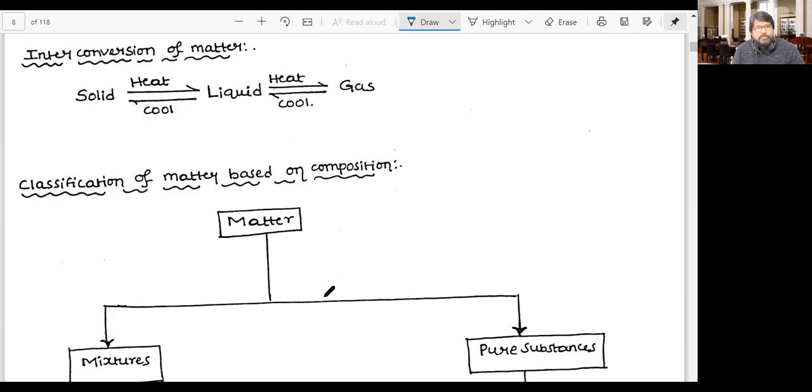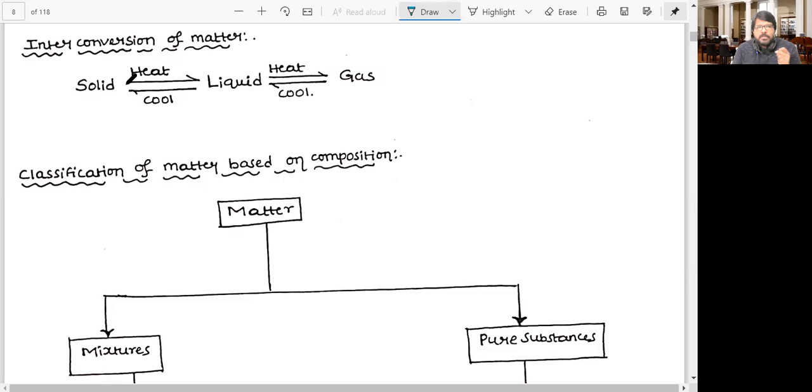And based on the physical state, matter is mainly classified into three types. Mainly means we can study the properties in that state. So what are the three main states of matter? The first one is solid state, second one is liquid state, and the third one is gaseous state.